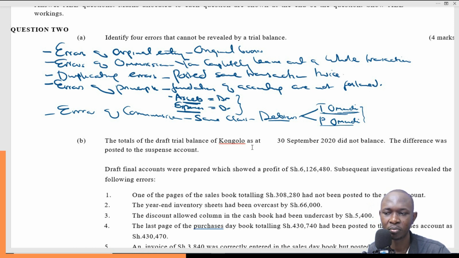So this is posting a wrong transaction of the same class. The earlier one was different classes, like expenses and assets, but this one is the same class, debtors.